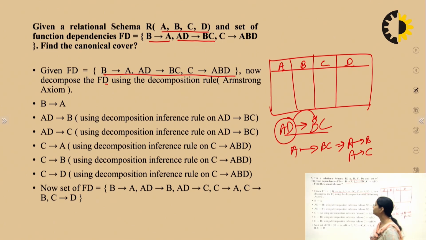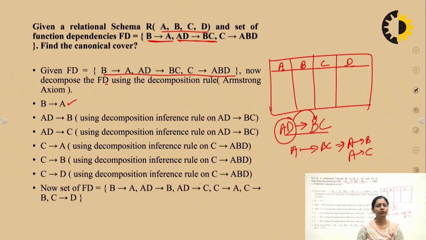So let's try to decompose these. The first one is B dependent upon A. This is already a decomposed one. We cannot further decompose it. So the first one is B dependent upon A, written as it is. The second one, AD dependent upon BC. Since we have 2 attributes on the right hand side, we will not do anything to the left hand side attributes.